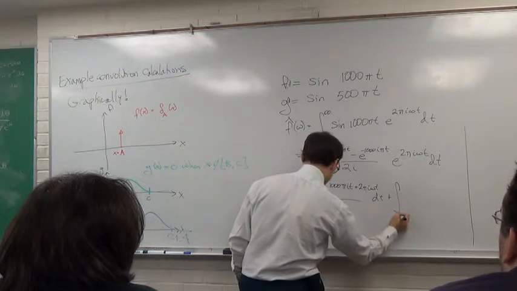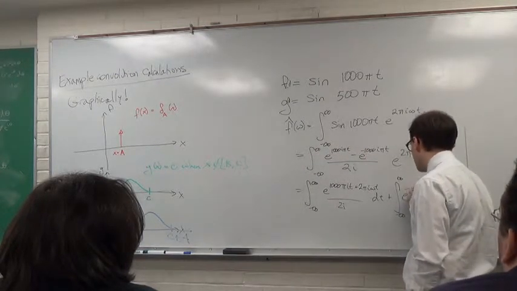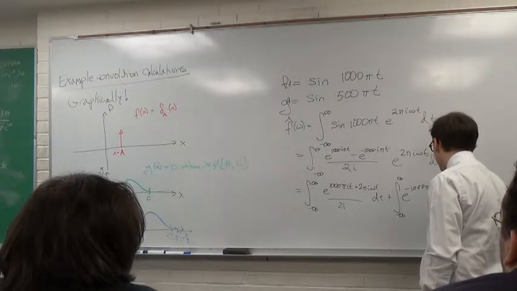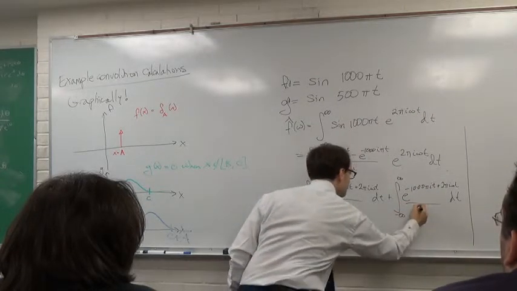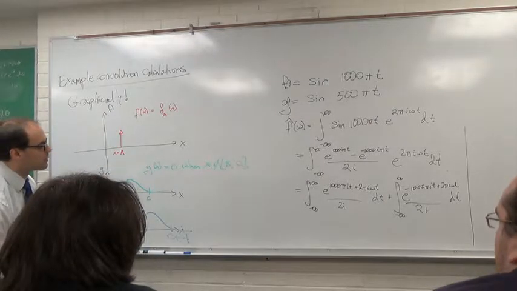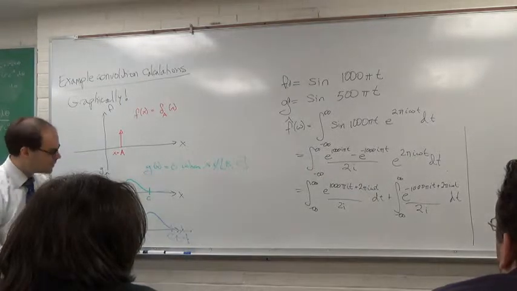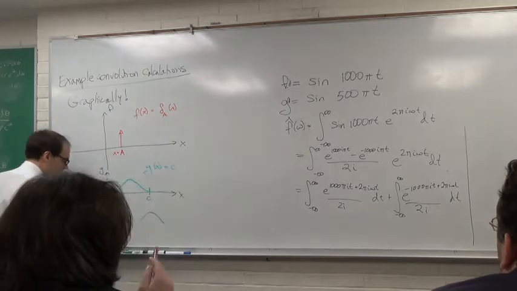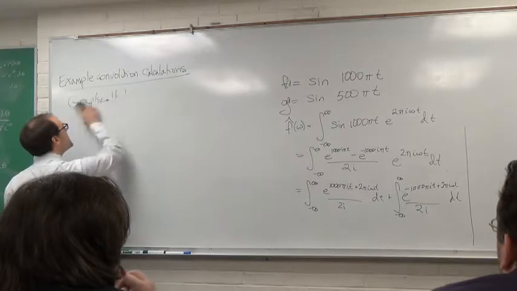The other integral is basically the same kind of thing: e to the minus 1,000 pi i t plus 2 pi i omega t, dt over 2 pi. What do those look like? What are those guys? Those are Fourier transforms of complex exponentials with very definite frequencies.